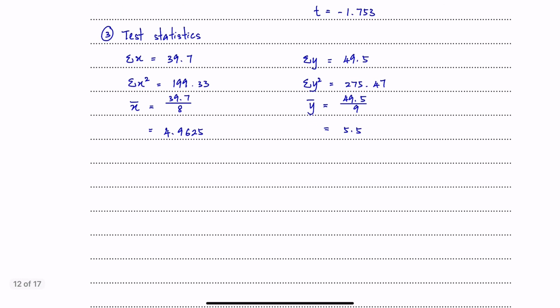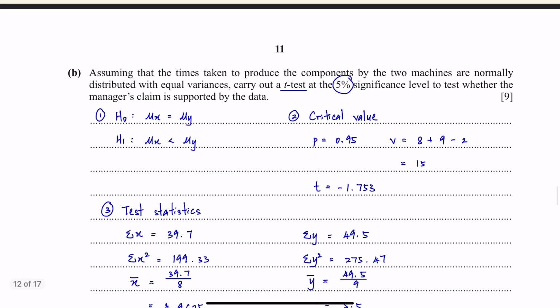So we also need to find the pooled variance because we assume that the two machines have equal variance.